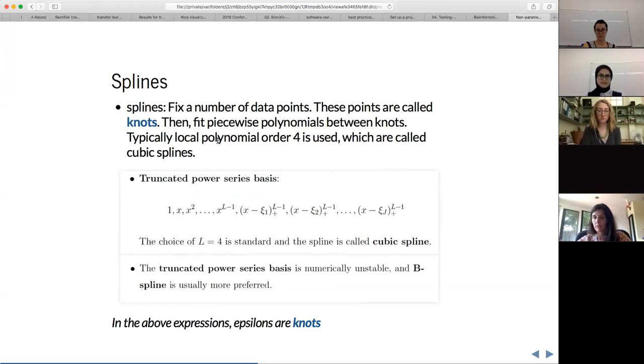We call these fixed data points knots, and we start to fit piecewise polynomials between these knots. A very famous spline is a cubic spline, which is an order 4 spline.